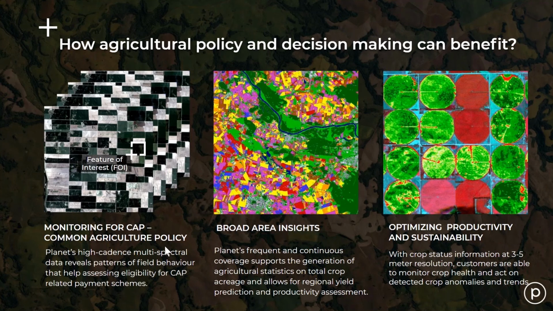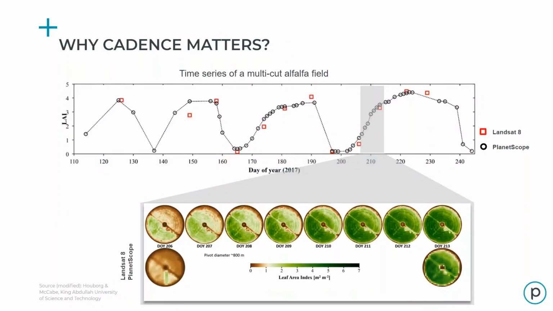So we've got major contracts with organizations like Farmers Edge, who provide capabilities directly to the farmer to help them ensure that they're able to optimize their crop production.